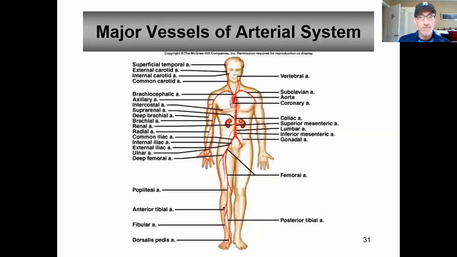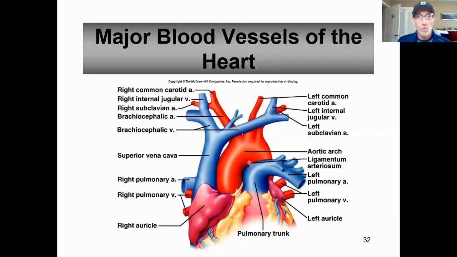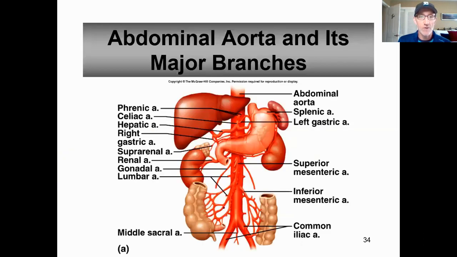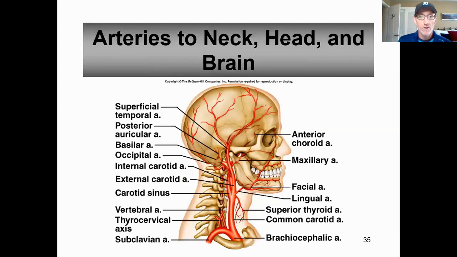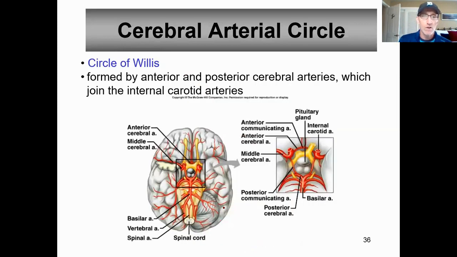And then this is the part where I would have given you guys handouts and you guys would have learned a bunch of these blood vessels, but we're going to skip that part. There's one interesting thing I want to stop on here. We'll talk about this. The circle of Willis.